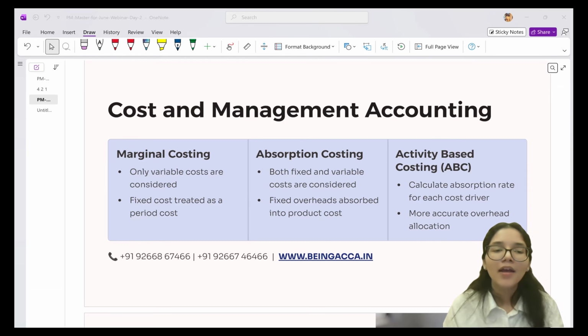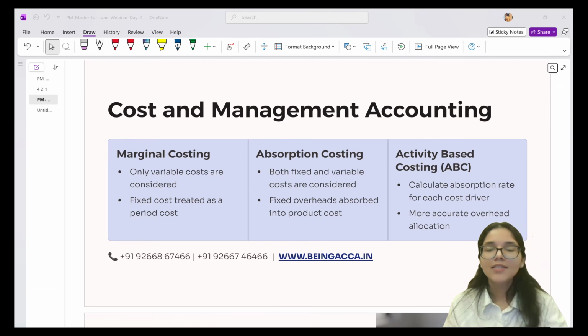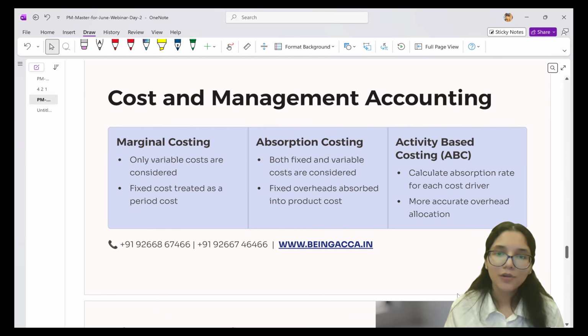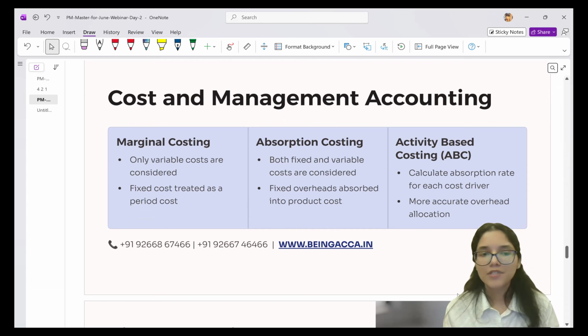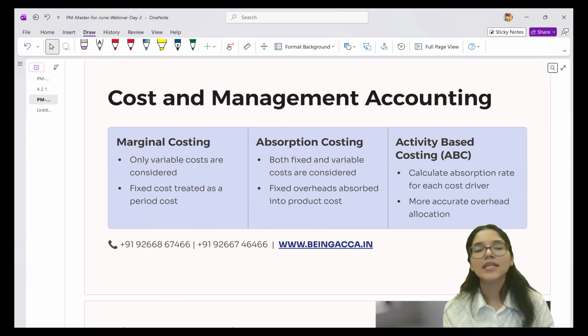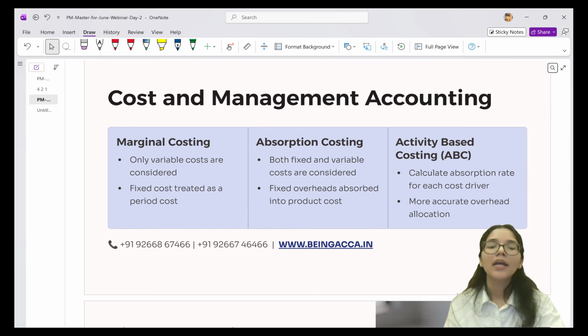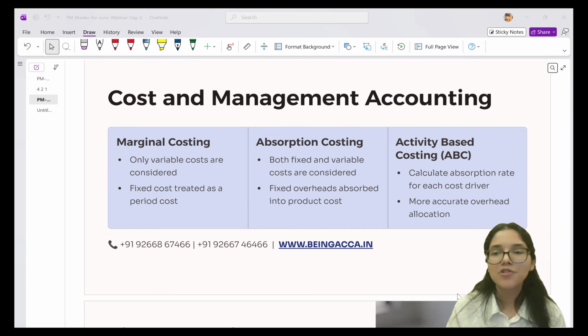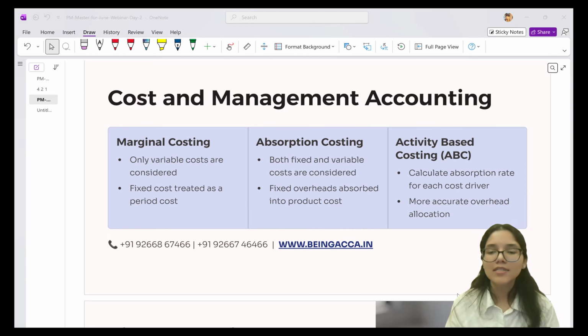Now coming towards chapter number 2, which you have as part of your content from the study hub. This is about the different methods that we have for accounting the cost. You have learned about marginal costing, absorption costing, and activity-based costing. In marginal costing, what is the core concept that we should remember? What does marginal costing say?